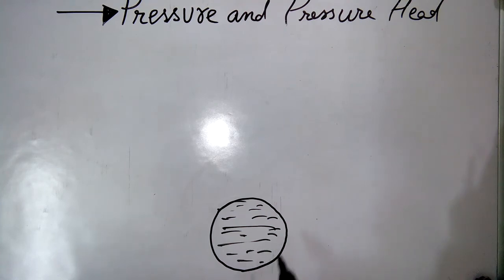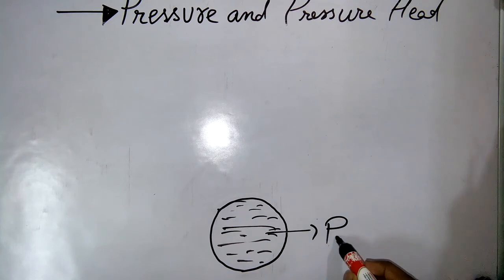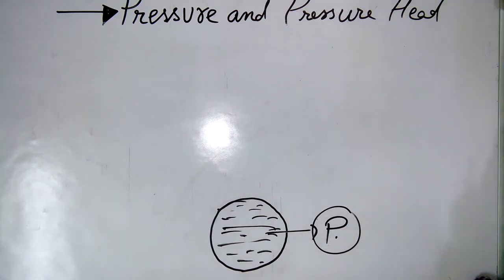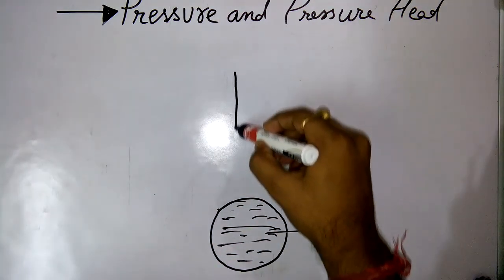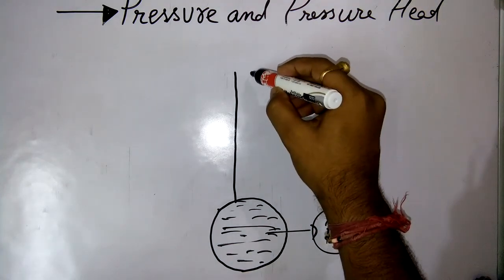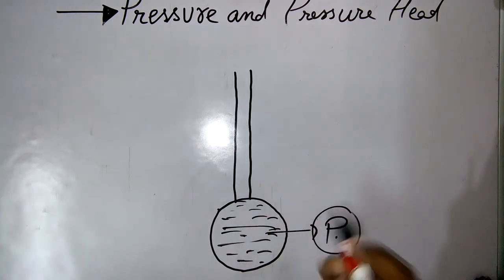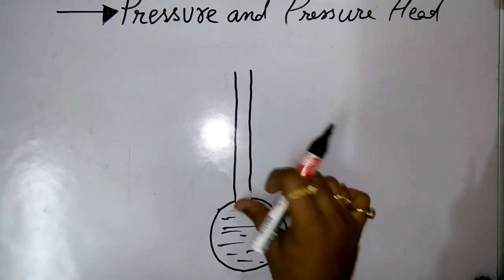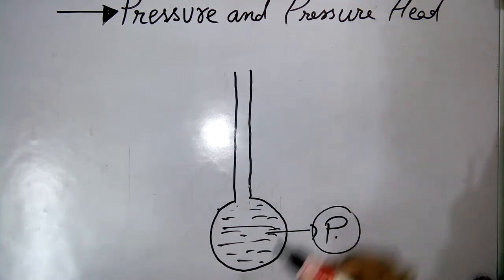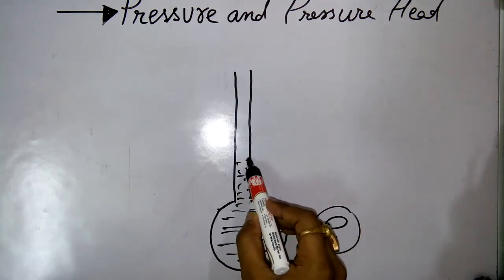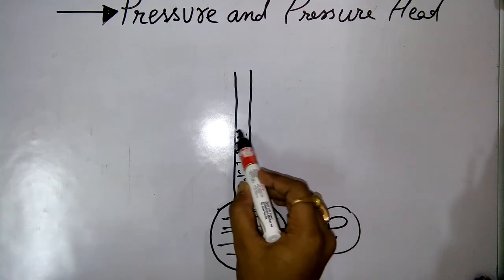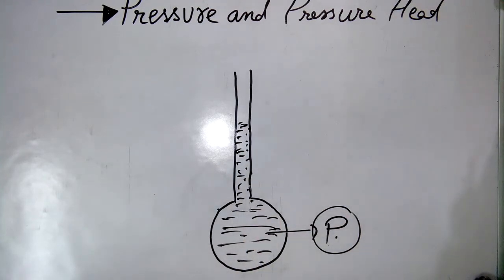It is having some pressure P. Now suppose what will happen if I insert a vertical tube like this and make a hole here. Now what will happen? This liquid will start rising up.